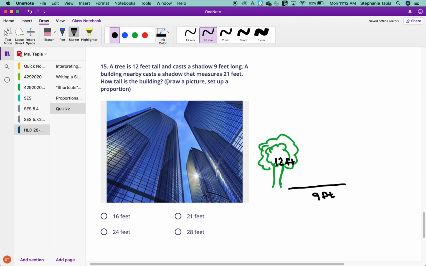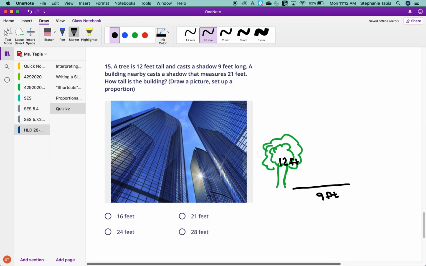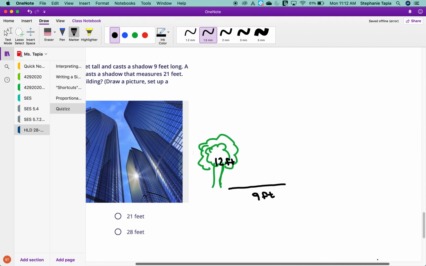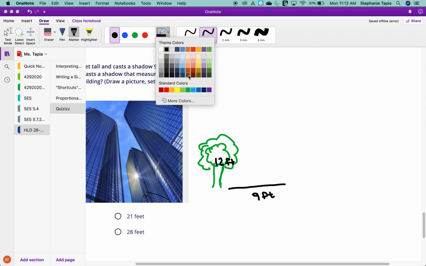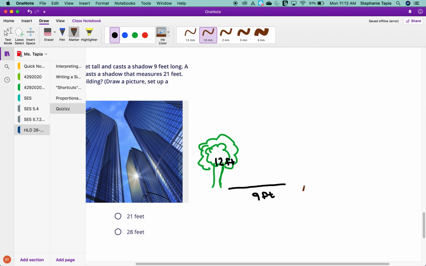Then you have a building nearby that casts a shadow that is 21 feet. So you want to see how tall the building is. All right, let's see if I don't butcher this building. So we have a building.